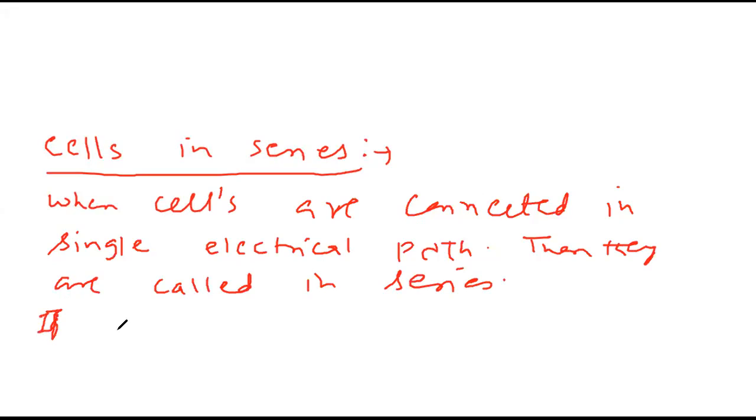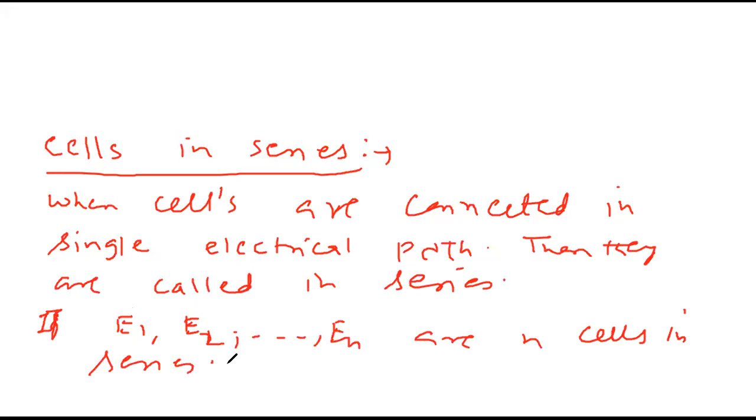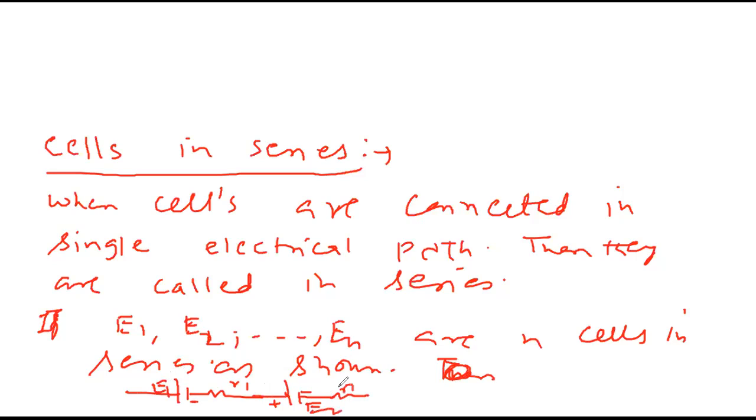If E1, E2, En are n cells in series as shown, that means this is E1, R1, negative is connected to positive, E2, R2, and so on up to En, Rn.